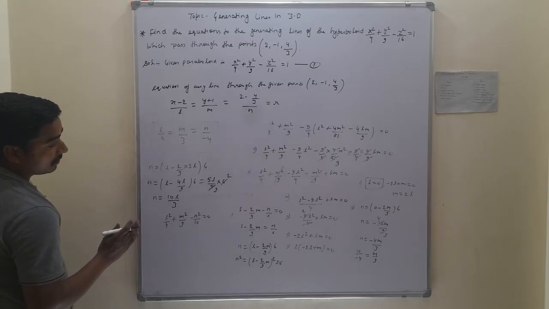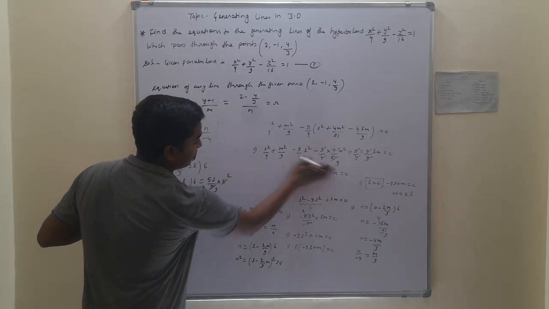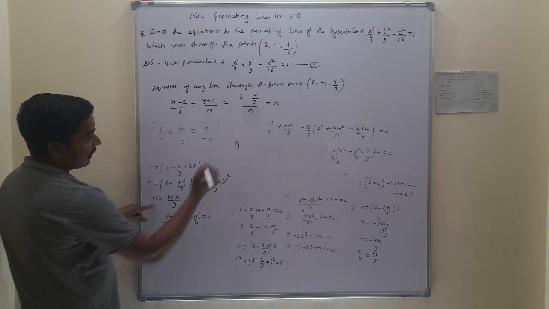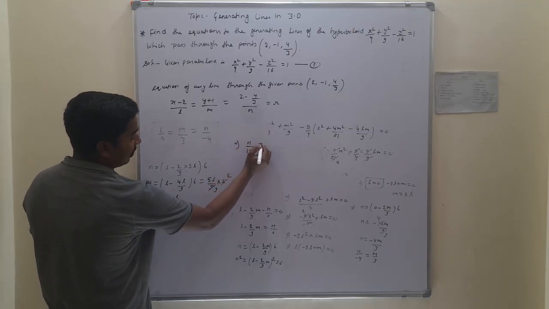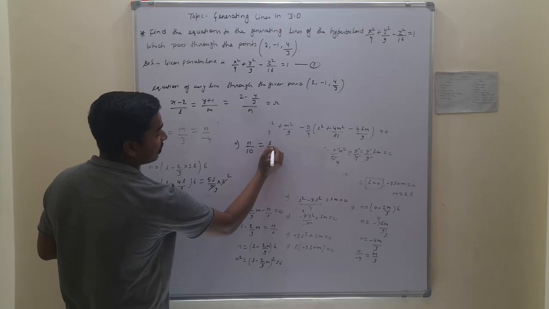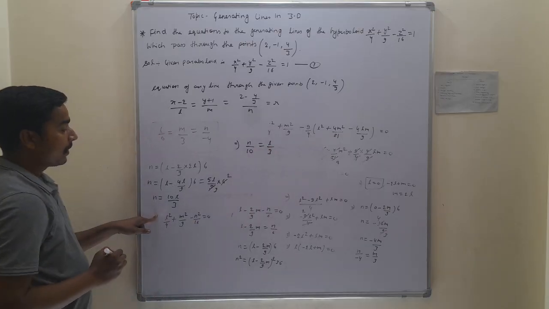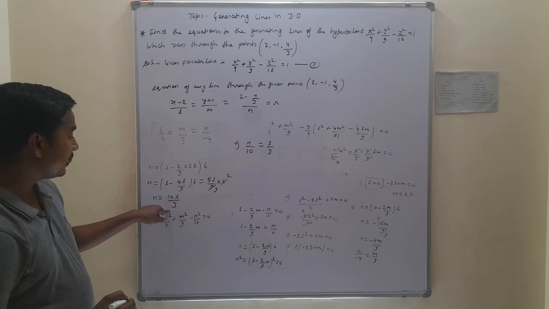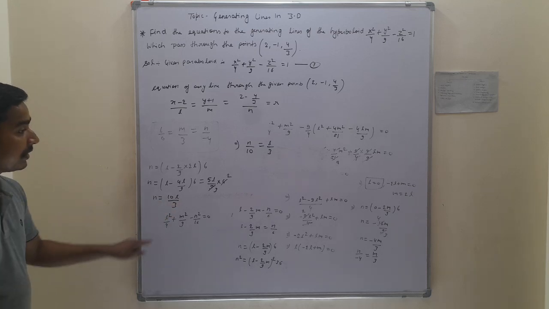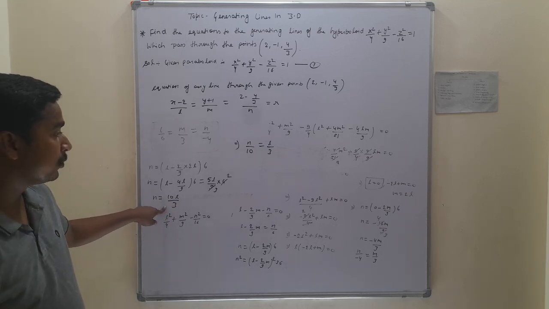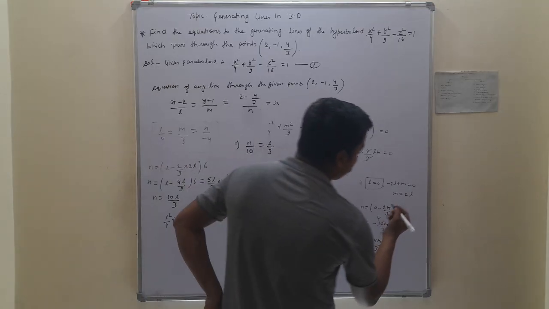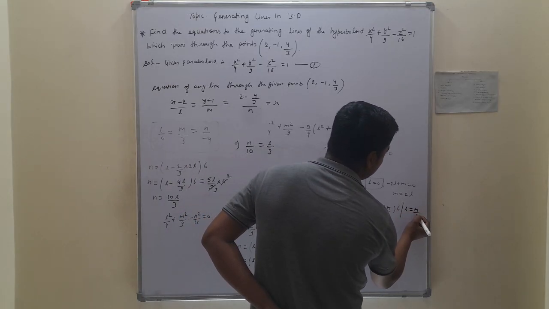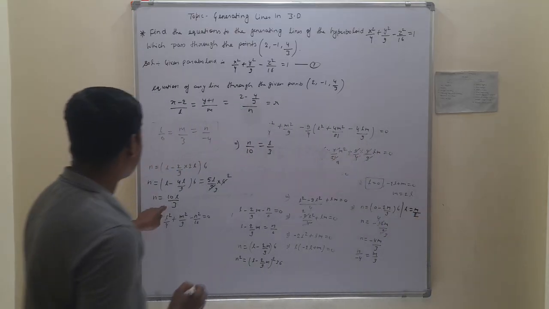Once again, we write this as N by 10 is equal to L upon 3, and further we put N is equal to 10L upon 3, and M is equal to 2L. From here we can also write L is equal to M upon 2.